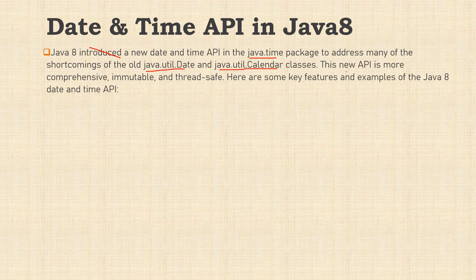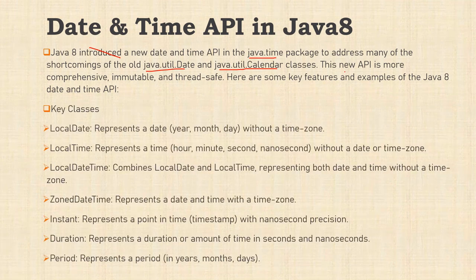Here are some key features and examples of the Java 8 date and time API. Key classes: we have LocalDate, which represents date, year, month, day without a time zone. And LocalTime represents time, hour, minute, second and nanosecond without a date or time zone.